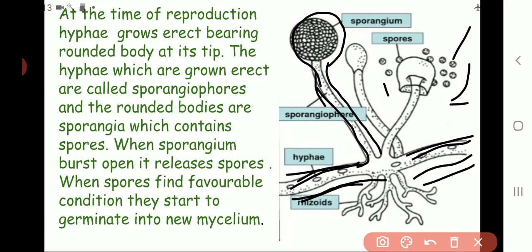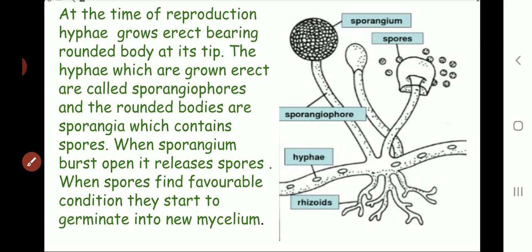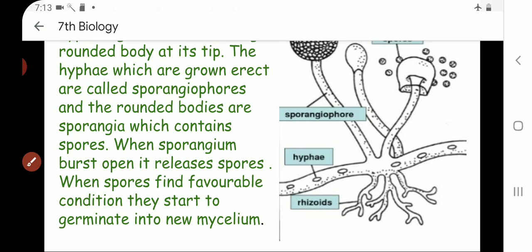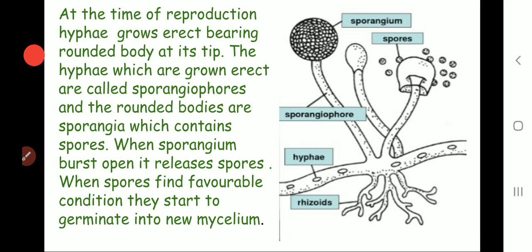The rounded tip of the sporangiophore is called sporangium. The sporangium contains spores. Those spores are going to germinate into new mycelium. So this is a brief thing about the structure of the bread mold.